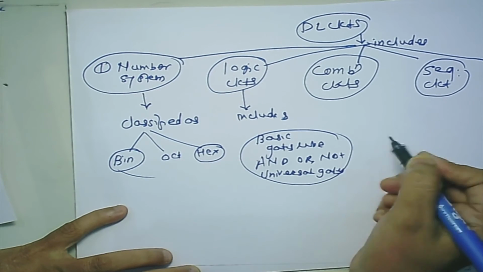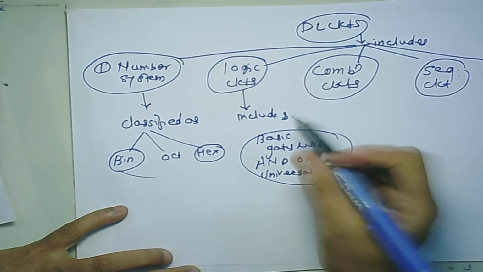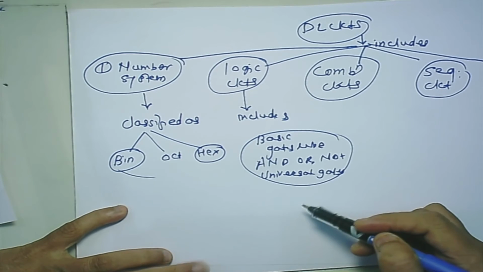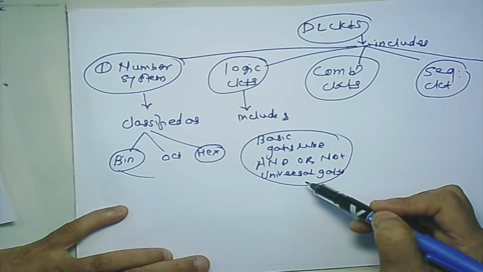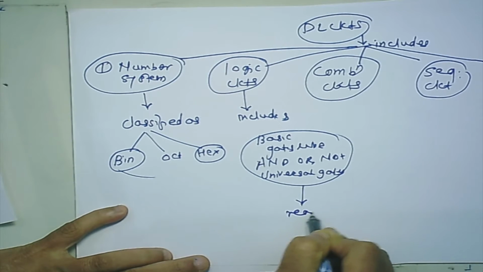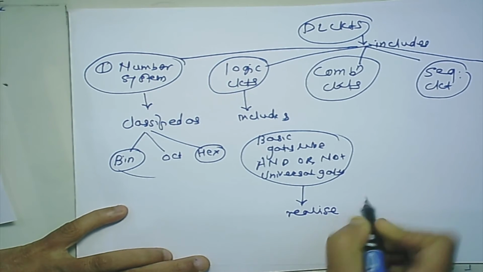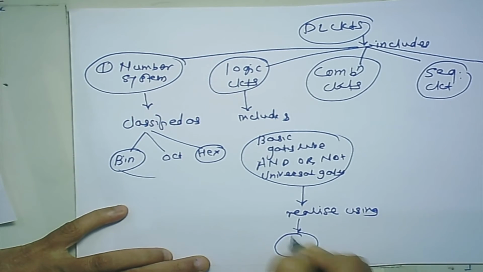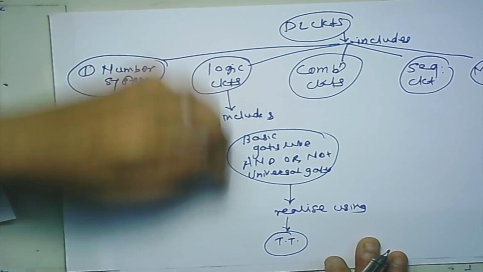So this is the secondary level concept in the concept map. Now if I follow this link, how am I going to realize these basic gates? Realize using truth tables. So this is one link which I will follow.